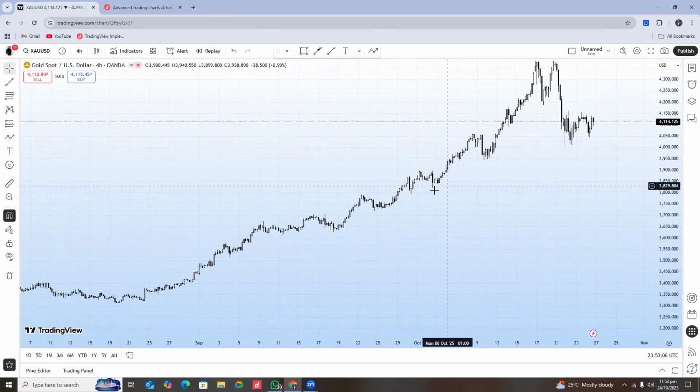So let's see if we can connect the higher lows. Most of the time in an uptrend, try to connect the higher lows, and in a downtrend, try to connect the lower highs, to form your trend line.